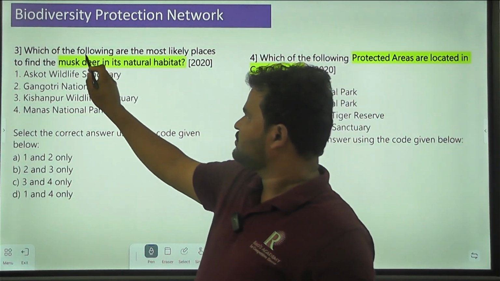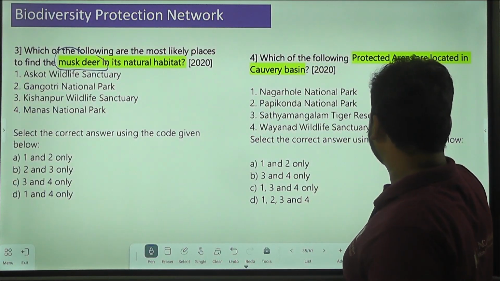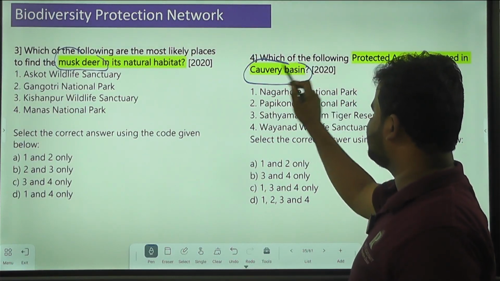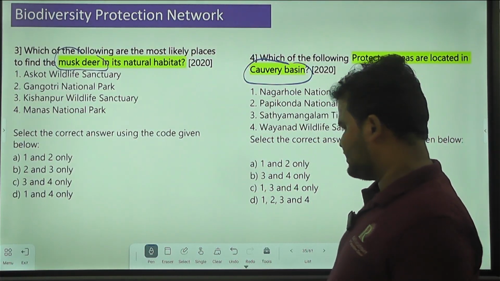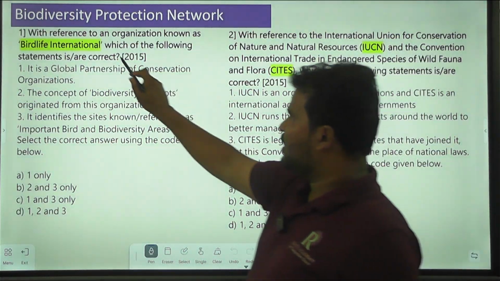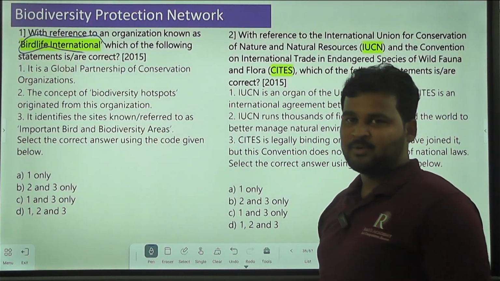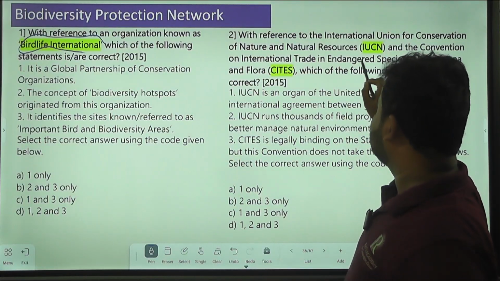Next after that, musk deer. Musk deer is a favorite for UPSC, and the protected areas are located in the Kaveri Basin. These are the important areas. Next, BirdLife International. It is also a biodiversity protection network, and the sites.